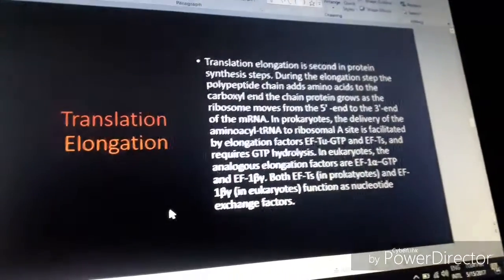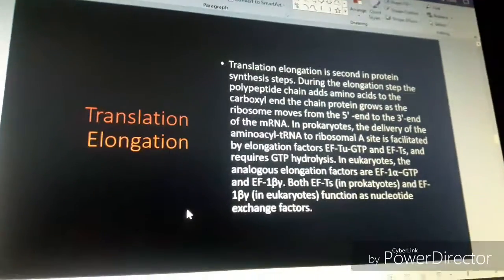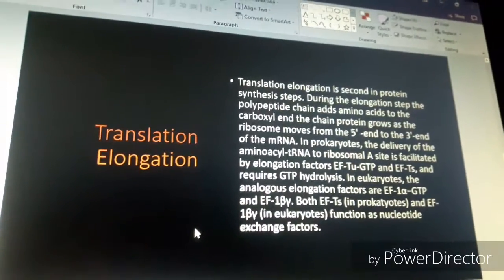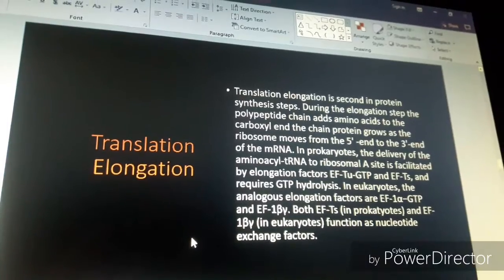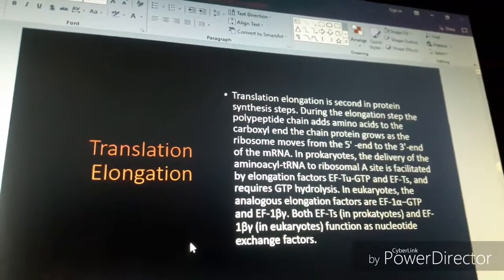Translation elongation. Translation elongation is the second step in protein synthesis. During the elongation step, the polypeptide chain adds amino acids to the carboxyl end, and the protein chain grows as the ribosome moves from the 5' to 3' end of the mRNA.